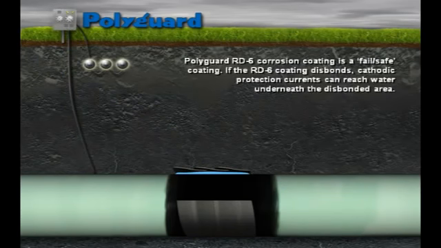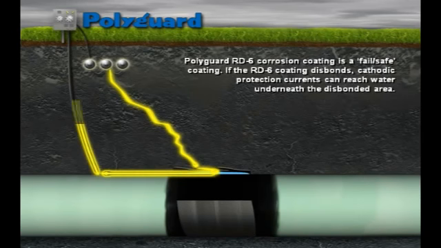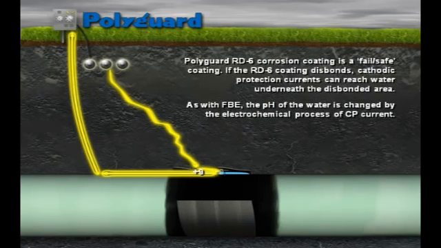Polyguard RD6 corrosion coating is a fail-safe coating. If the RD6 coating disbonds, cathodic protection currents can reach water underneath the disbonded area. As with fusion bond epoxy, the pH of the water is changed by the electrochemical process of CP current.